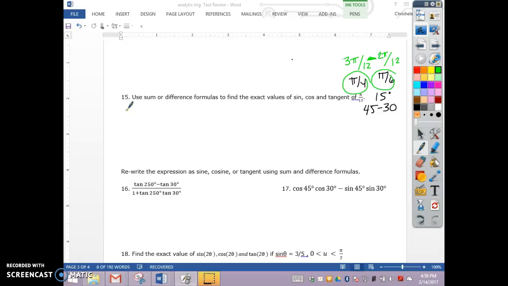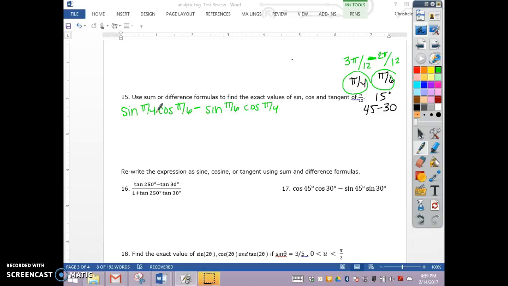Sine. We alternate. Sine of pi over 4, cosine of pi over 6. He says their signs are the same. Sine of pi over 6, cosine of pi over 4. Okay, to the unit circle.